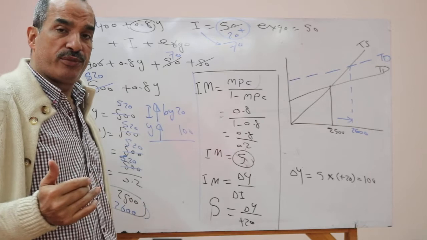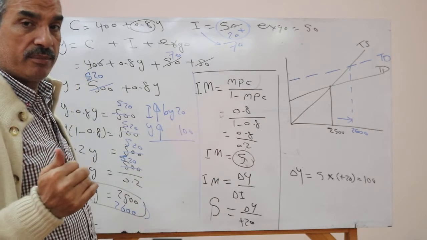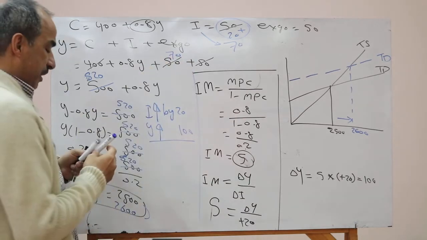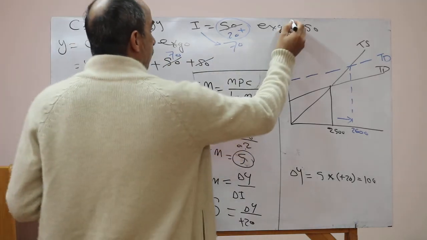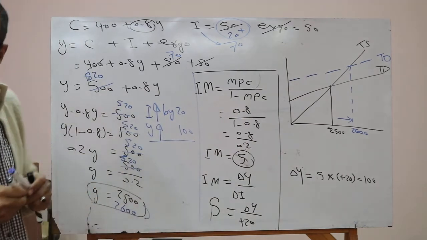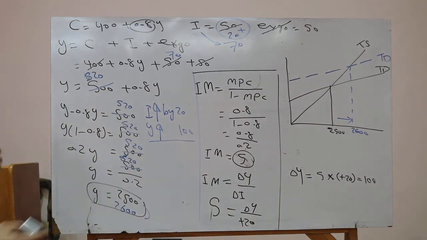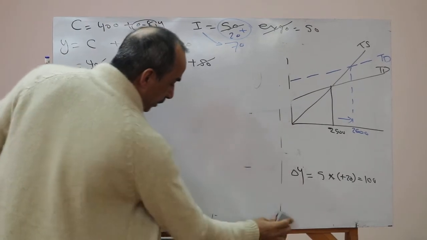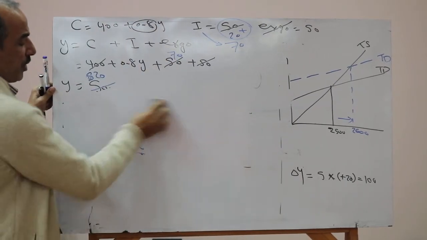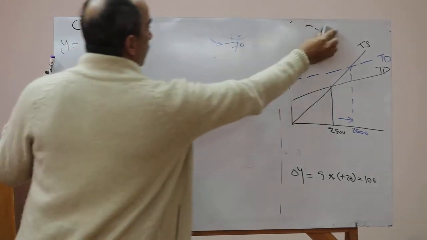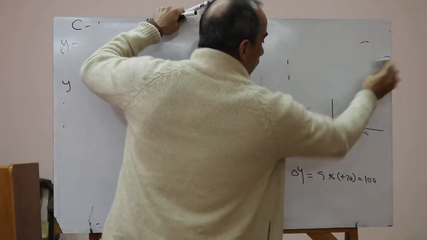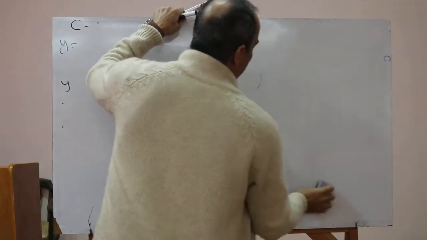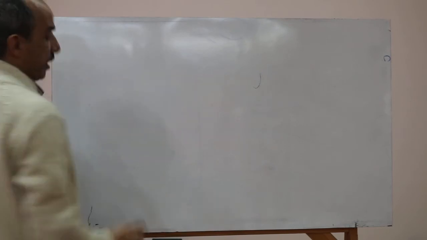The effect on income once the government expenditure increases. Once the government expenditure increases, we talk about another example. Show the effect of government expenditure on national income, and the effect of taxes on national income.